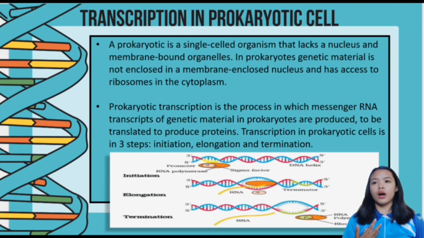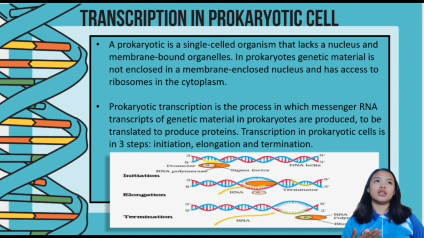We're going to talk about how transcription happens in a prokaryotic cell. First, what is a prokaryote? A prokaryote is a unicellular, or single-celled, organism, and its famous characteristic is that it lacks a nucleus, compared to eukaryotic cells, which have a nucleus. Prokaryotes do not have a nucleus or membrane-bound organelles.